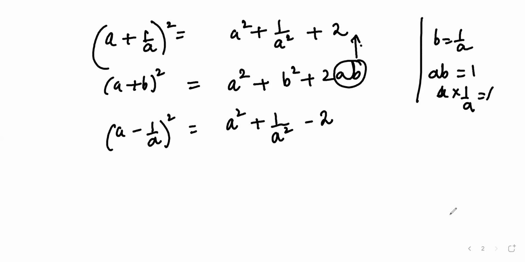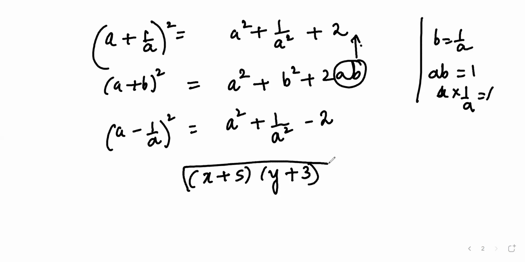The sequel to this is your multiplication of polynomials, I mean binomials. Like I had expressions like x plus 5 into y plus 3 and so on. So when I'm multiplying binomials, and then beyond this, I went on to identities. Okay, so that's about it. Let's just move on with a few exercise problems.